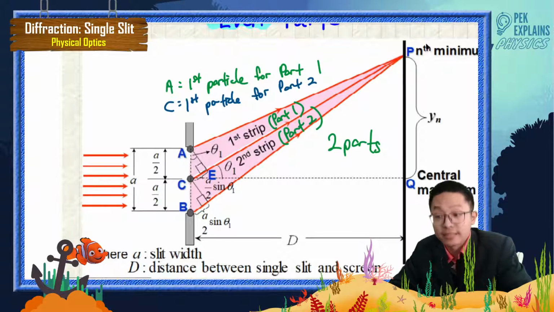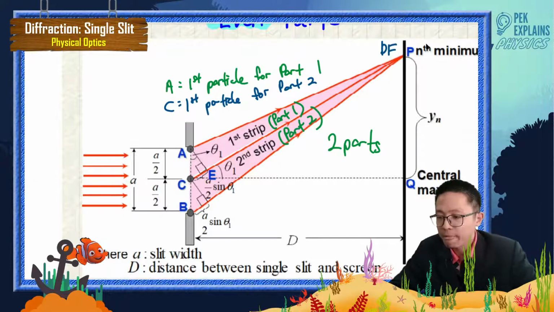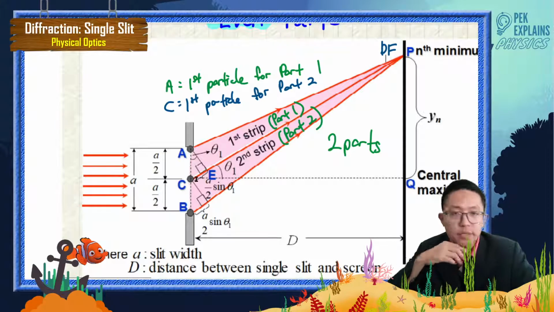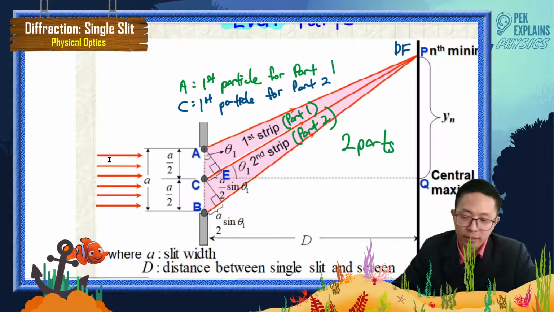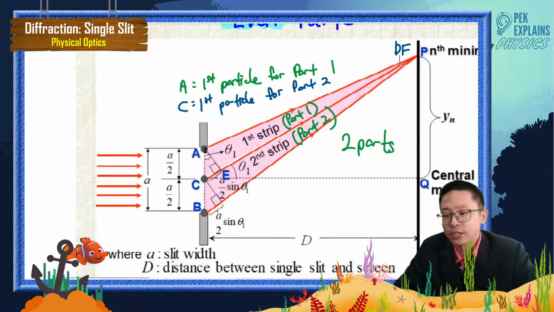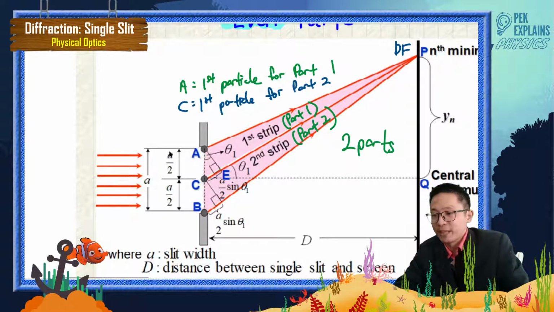What's the condition to form a dark fringe there for A and C? You see, this is one single wave coming, isn't it? We can say A and C are in phase sources.